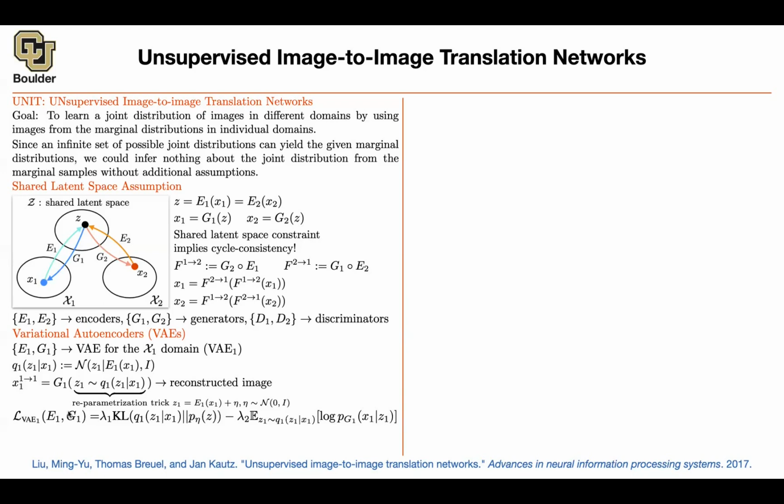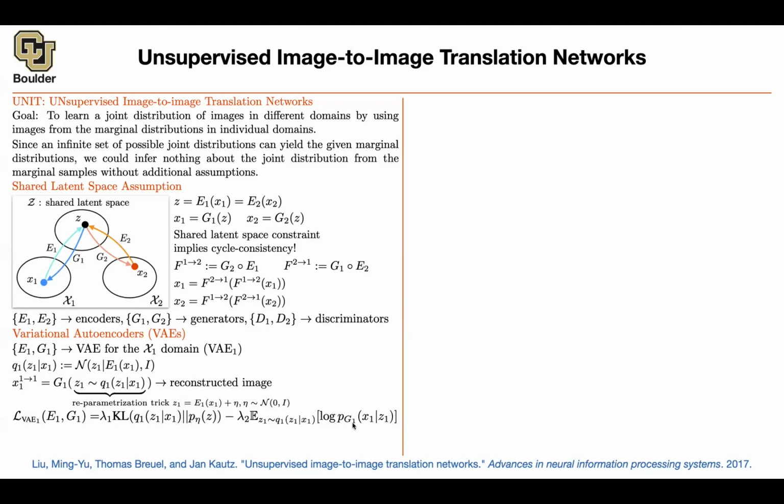Now we have to train this. We are going to write down our usual variational autoencoder loss. There is going to be some regularization going on. We don't want our variational encoder to deviate too much from a prior assumption that we make. That's why you're going to control the KL divergence between these two. That one is just a regularization term.